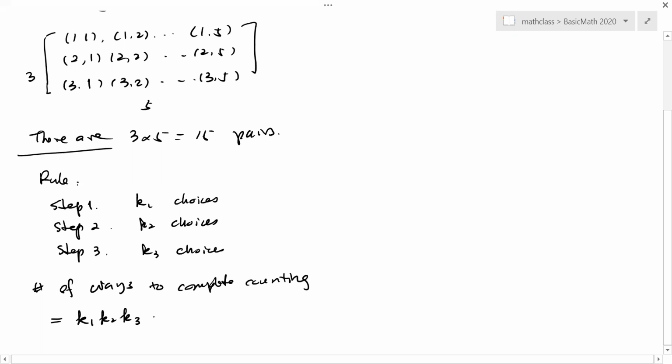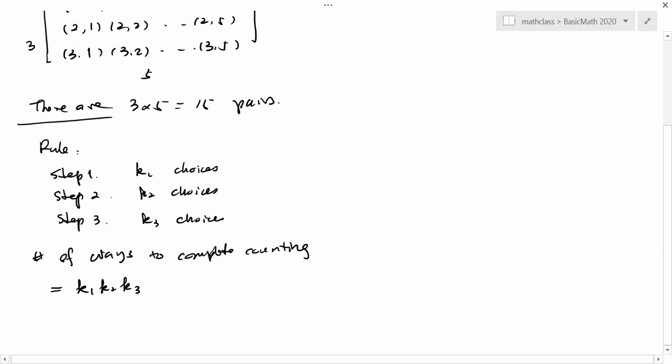It depends on how many steps. This is the idea.